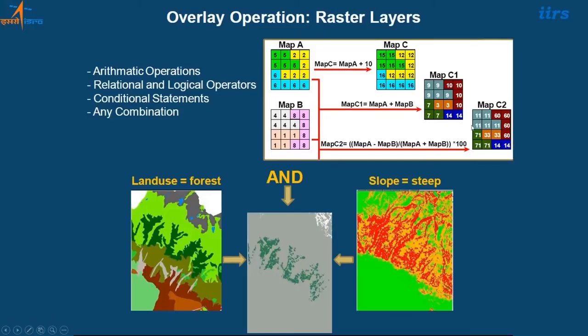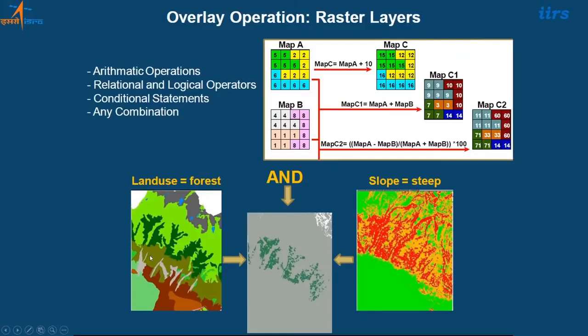Now, if you see here, there is one map called the land use map. The green part is the forest over here, and slope is equal to steep. Two operations we are seeing. This is my land use map. In this land use map, dark green is the forest, light green is some grassland, red is some urban area, and this is some agricultural land.